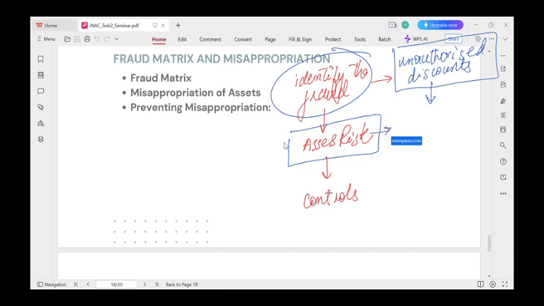When we talk about the likelihood and impact, if we realize that this is a high risk thing, we think, okay, this is high risk. So what we are going to do is place a control in place to prevent it. How can we do it? For example, I require manager approval for discounts above 5%.